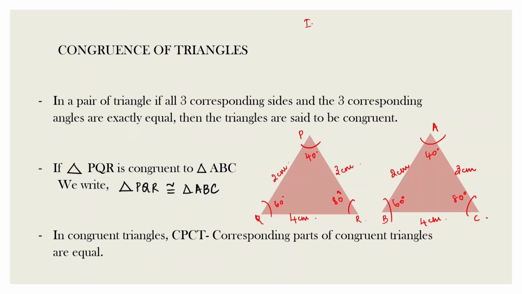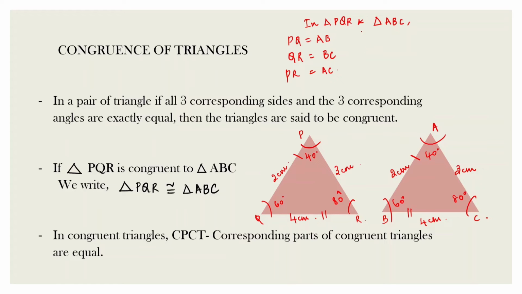In triangle PQR and triangle ABC, we see that PQ is equal to AB. Yes, because both are 2 cm. And we could say that side QR is equal to side BC. And side PR is equal to side AC. Why? Both are 3 cm.